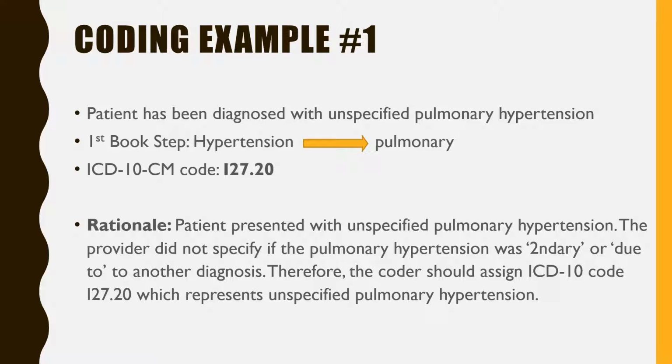The rationale is because, again, our patient presented with unspecified pulmonary hypertension. The provider did not specify if the pulmonary hypertension was secondary or due to another diagnosis. Therefore, the coder should assign ICD-10 code I27.20, again, which represents unspecified pulmonary hypertension.